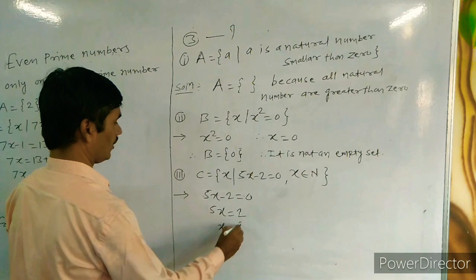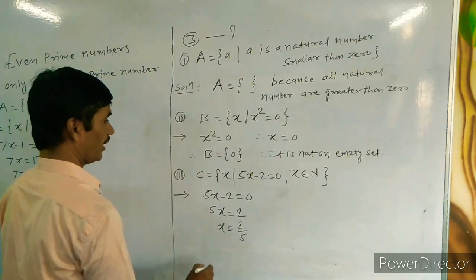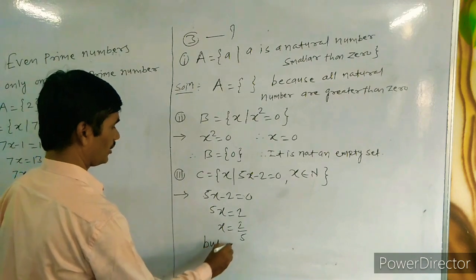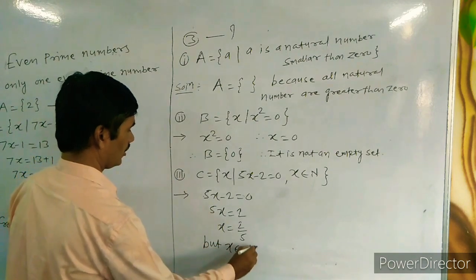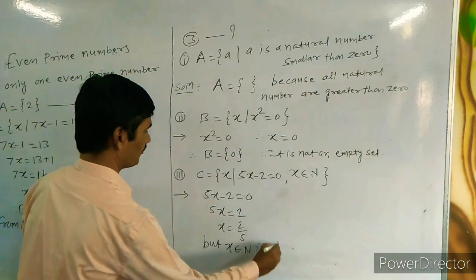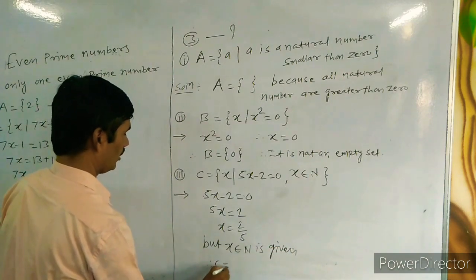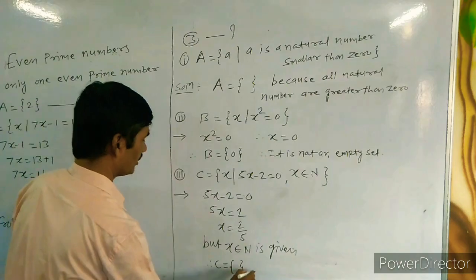X equal to 2 by 5. It is a rational number, but x belongs to N is given. Therefore, C is an empty set.